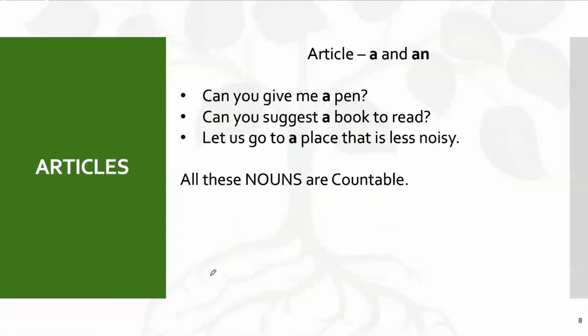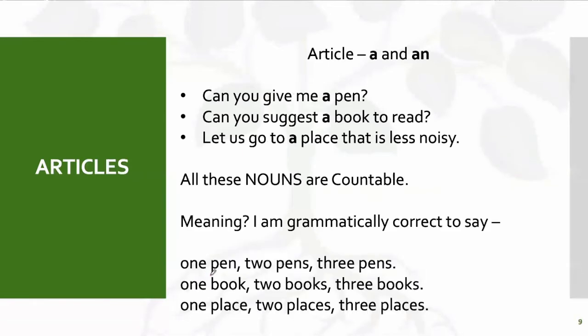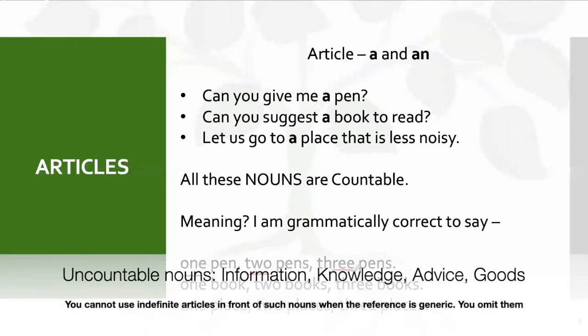Let's move ahead and go a little more into countable nouns. Like I said, these nouns are countable. What are uncountable nouns? Uncountable nouns are those that can't have one, two, or three or numbers in front of them. They can only be measured. Examples being pollution, environment, information, knowledge, surroundings, goods, police.